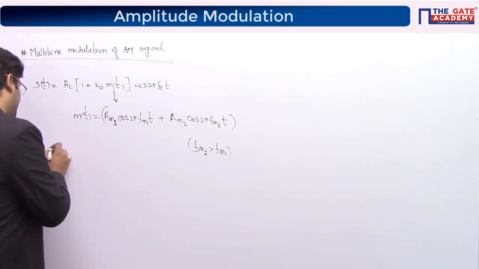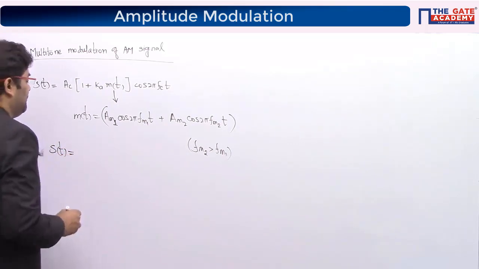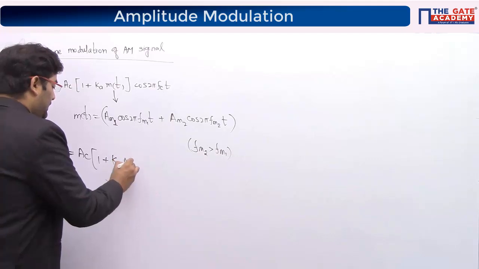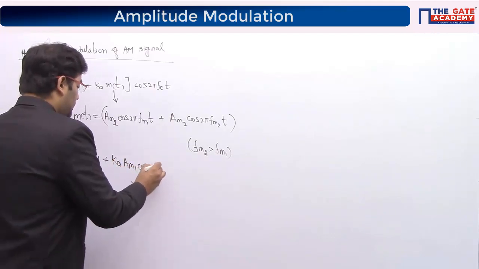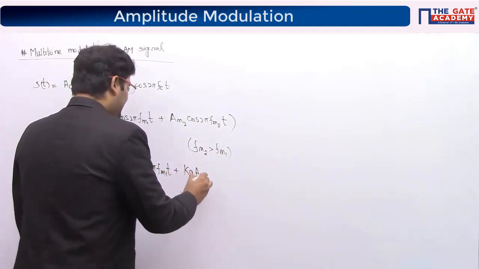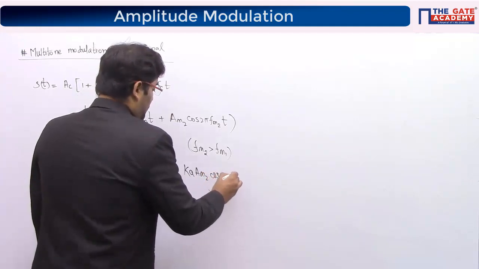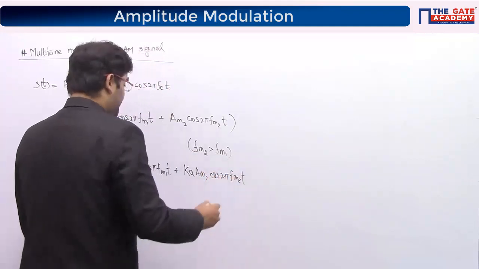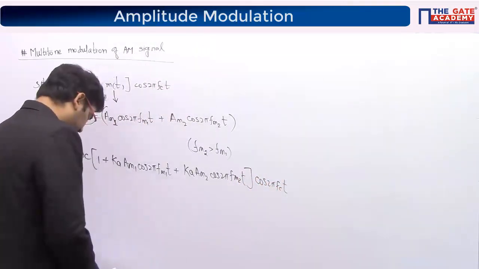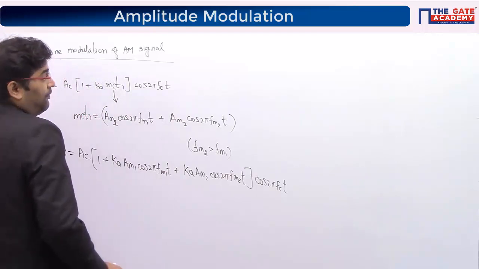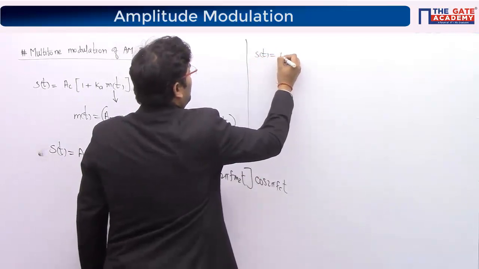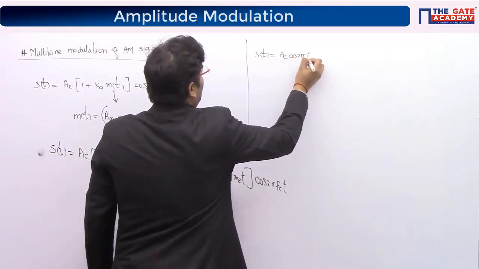So I will write S of t equal to AC into 1 plus Ka Am1 cos 2 pi Fm1t plus Ka Am2 cos 2 pi FM2t, whole into cos 2 pi fct. Going further, we write S of t equal to AC cos 2 pi fct.